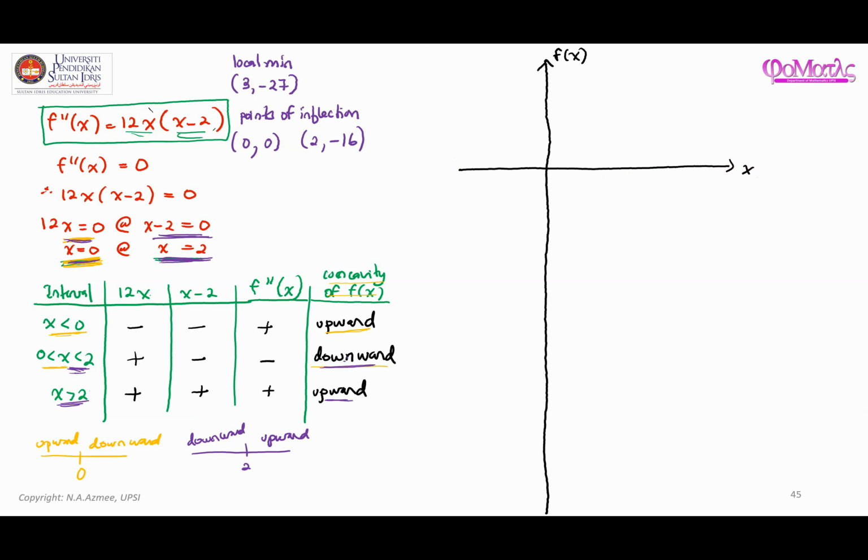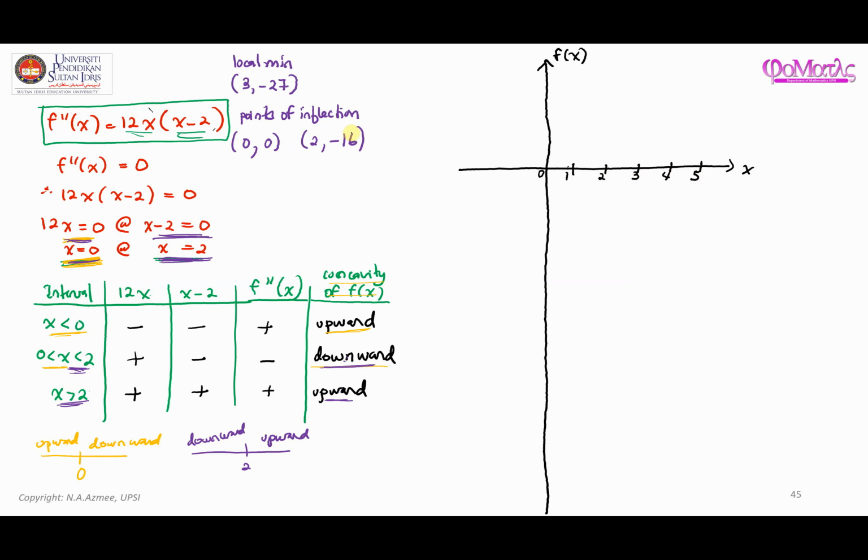Now I can see that I only need point 0 up to point 3 for the x-axis. So maybe this is 1, 2, 3, 4, 5. Maybe I can stop there. So 0, this is 1, 2, 3, 4, and 5.